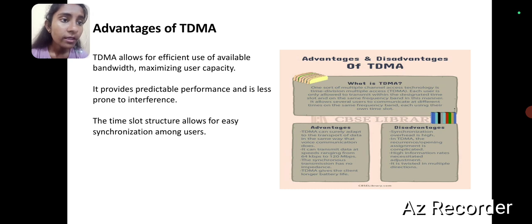In this manner, it allows several users to communicate at different times on the same frequency band, each using their own time slot. So by using their own time slot, TDMA can transmit the given signal.